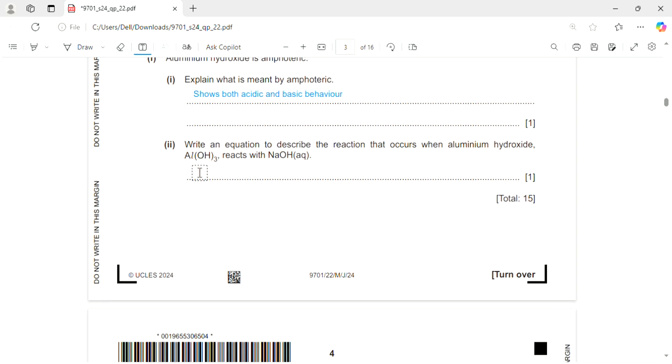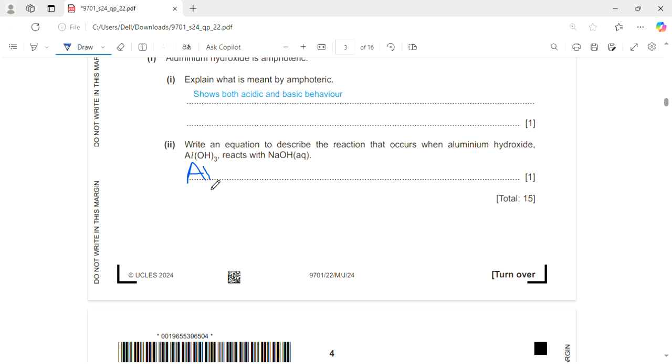Move to the next part. Here is shown on the right an equation to describe the reaction that occurs when aluminum hydroxide reacts with sodium hydroxide. So here we do a simple balance.